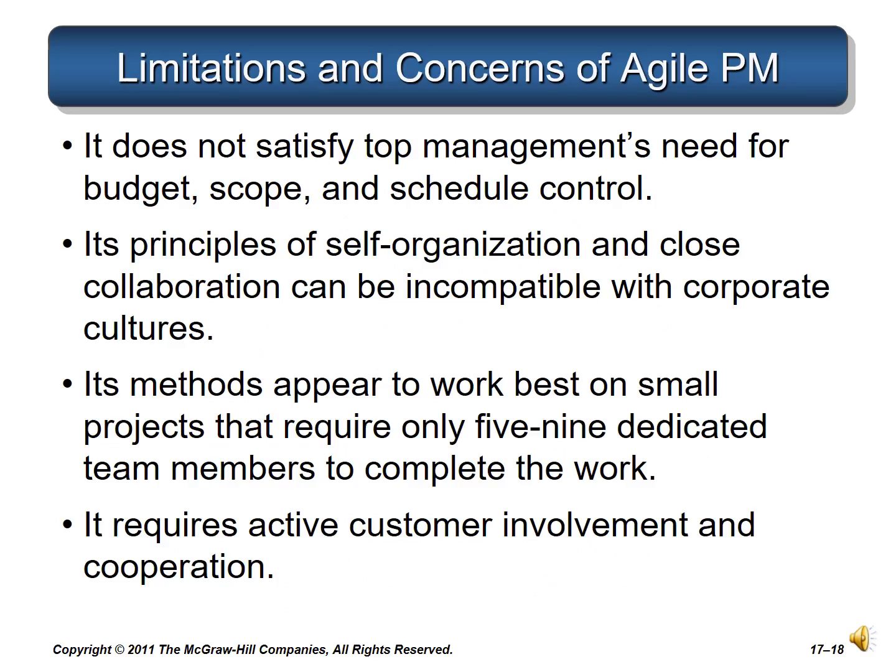Agile project management does not satisfy top management's need for budget, scope, and scheduling control. Remember the new house analogy earlier in the chapter. The buyer got exactly what they wanted, but did not know how much it would cost, nor how long it would take, or even what it would look like when it was done.